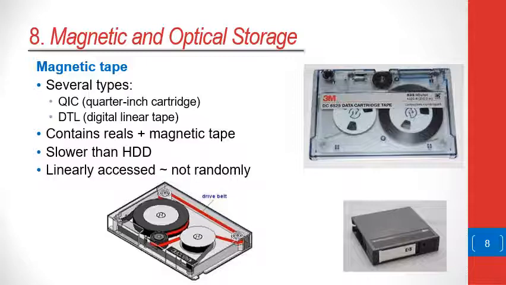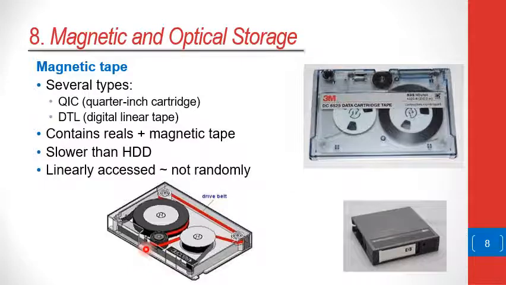A magnetic tape comes in the form of a cassette, which contains multiple reels. These are the round things that spin the tape itself, and the tape is the line shown here. The data is stored on this tape as it spins, and it can be read and written by a read-write head.